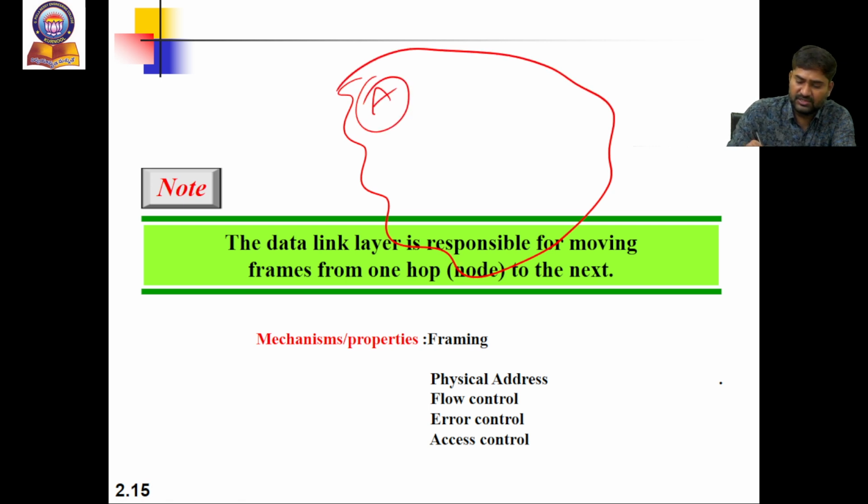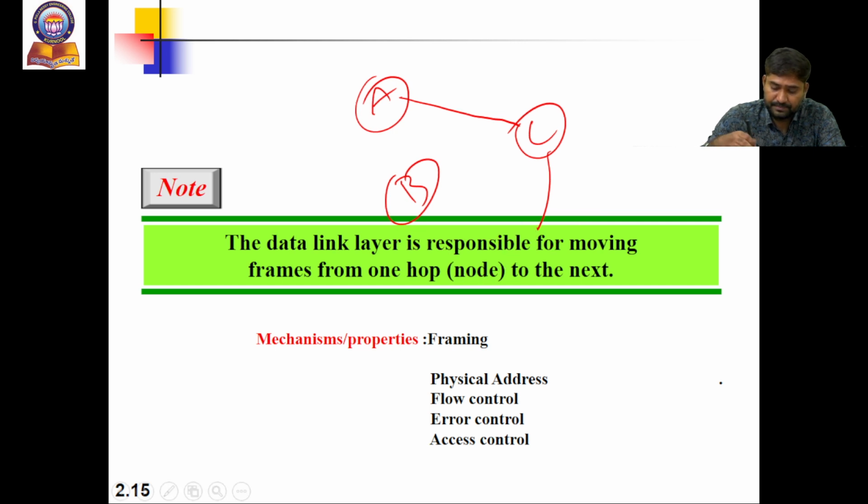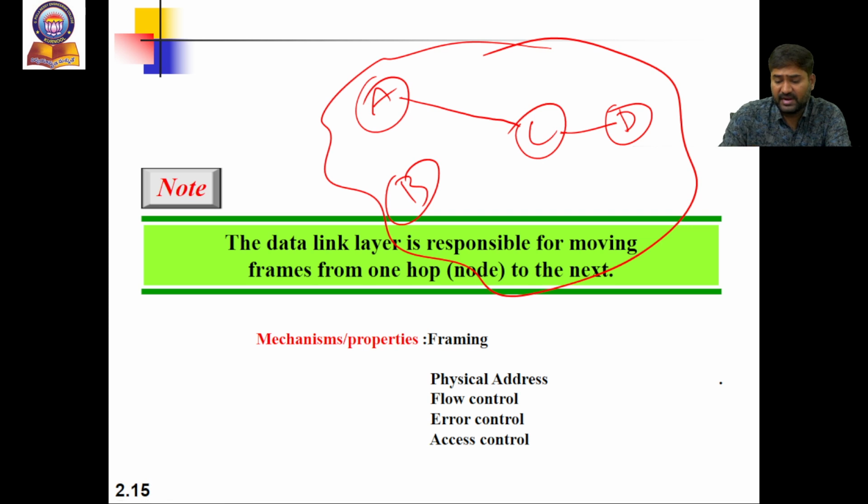There are systems A, B, C and D. I want to communicate from A to C, and from A to D. So how will my data pass? The data link layer is responsible for moving frames from one hop to the next.